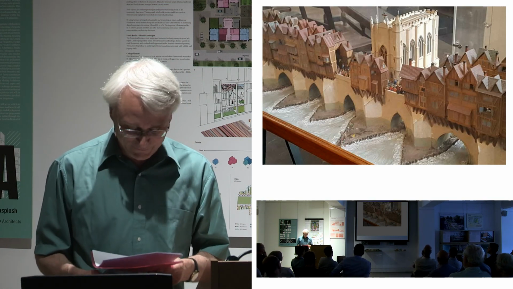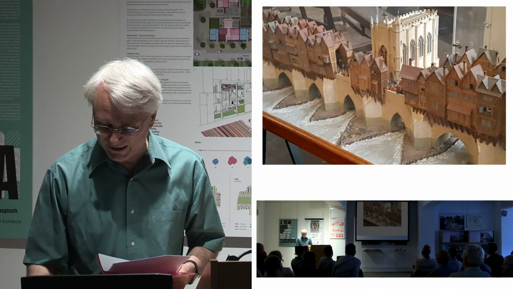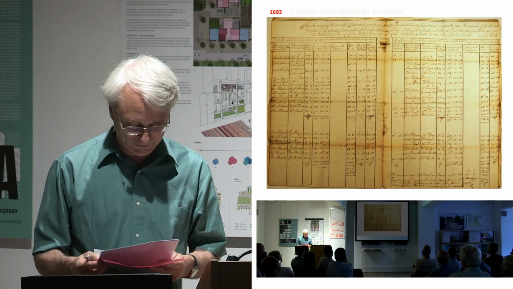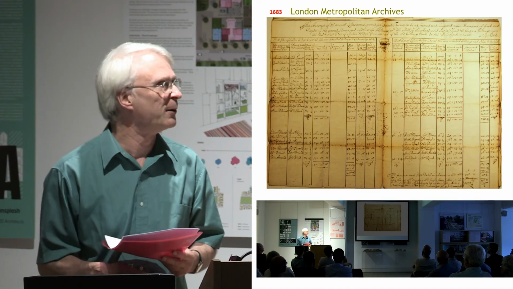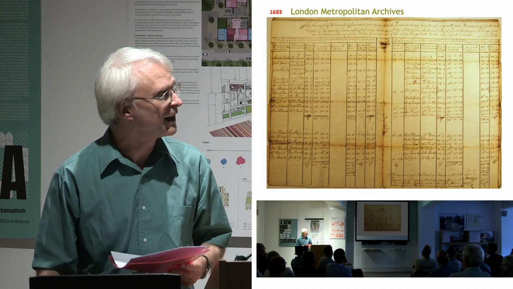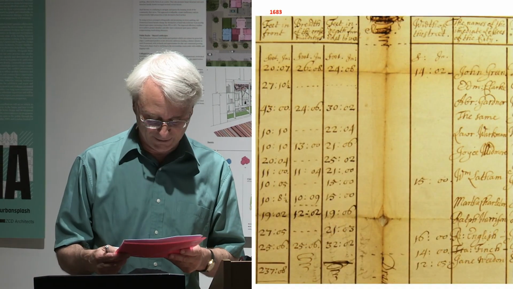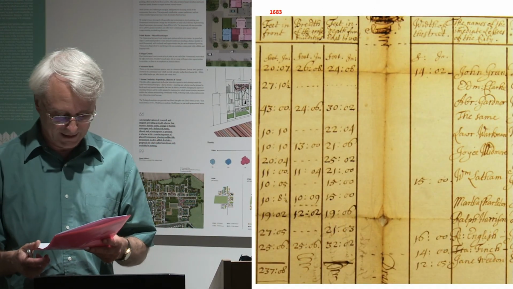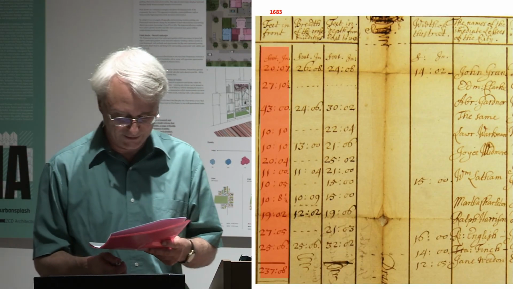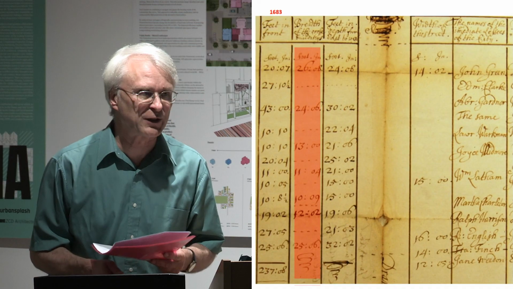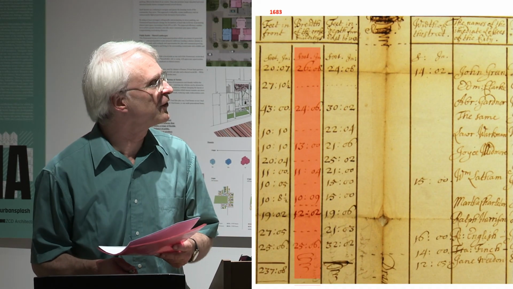So what is the new information? Firstly, a set of measurements made in 1683, just before most of the houses were demolished. And if I bring up part of it, you can see it gives you the breadth in front, so the width of the houses, and then it gives you the width of something it calls the cross buildings.